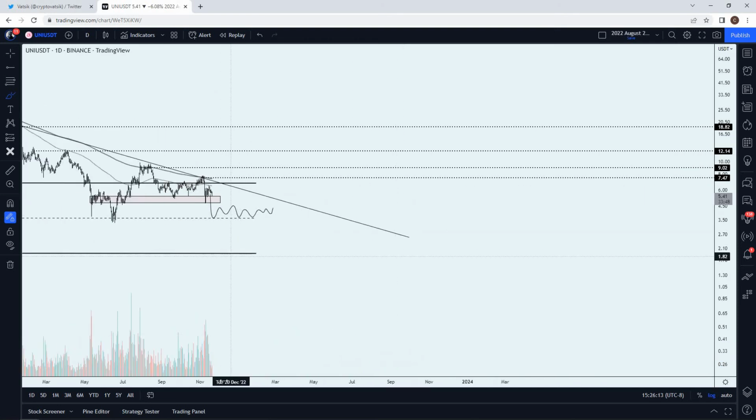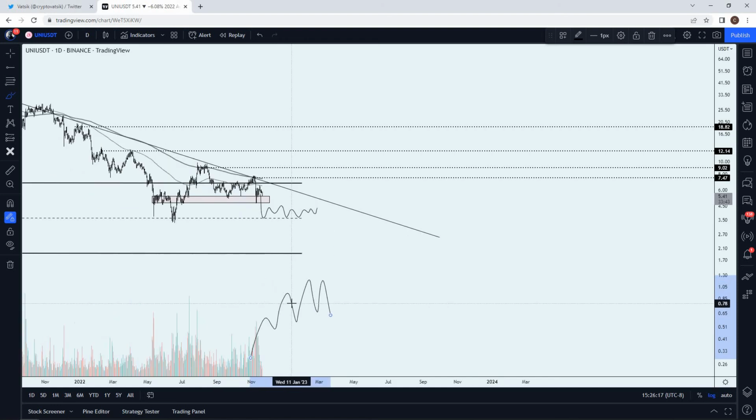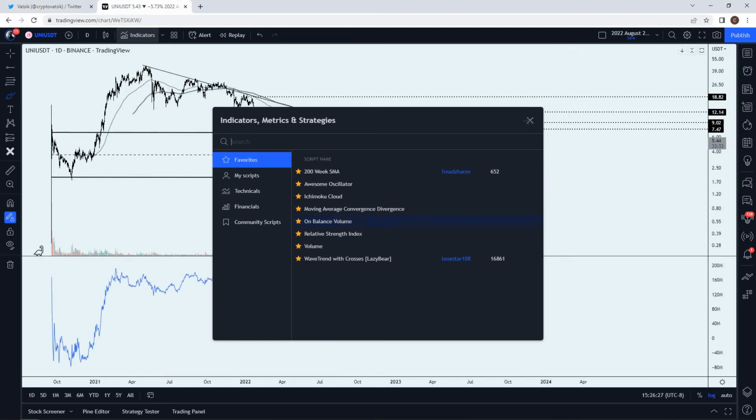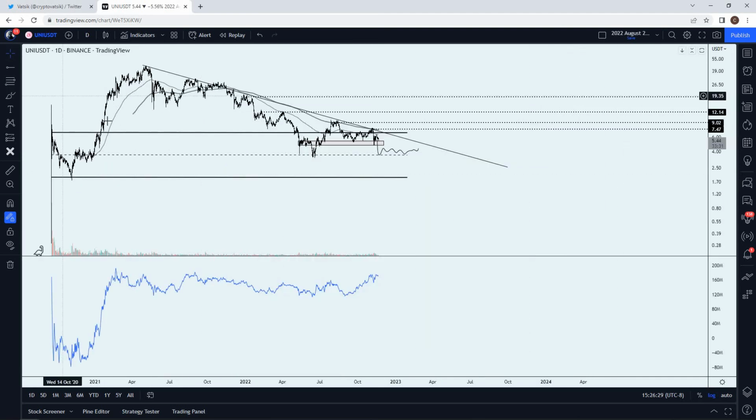If volume really starts peaking, or the on balance volume starts to increase, then I'll change my tune. I'll start to really think that this is potentially our accumulation area. It's just something you have to keep in mind.